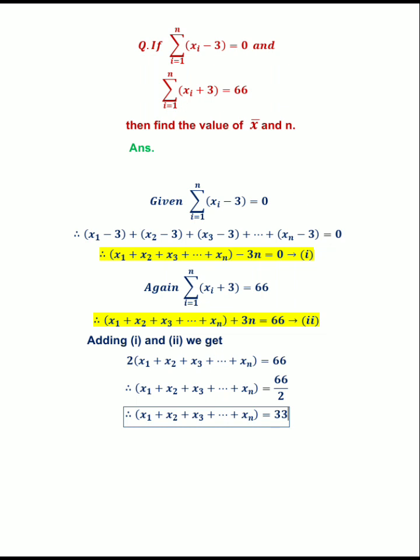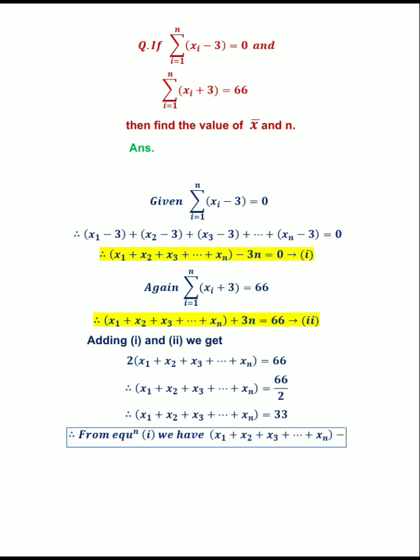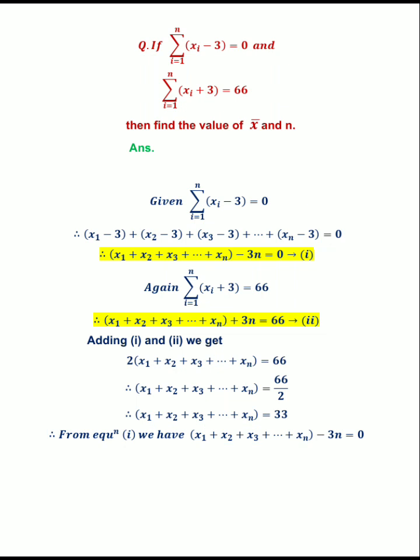Now we have to use this value. Therefore from equation 1 we have x1 plus x2 plus x3 plus dot dot plus xn minus 3n equals 0. This is our equation 1, and we put the value of the sum.